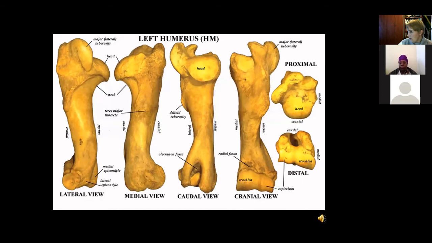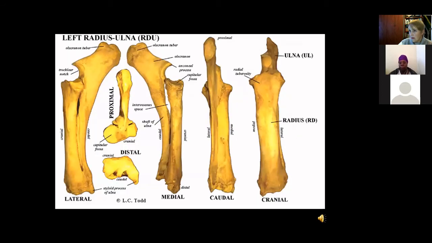Onto this articulates the radius and the ulna. Again, we are looking at a cow, so we are looking at fused bones. The ulna is the one that sticks out at the top. The radius is the thicker, sturdier bone. If you cut the radius through, it makes a D shape, easily identified as a D-shaped bone.